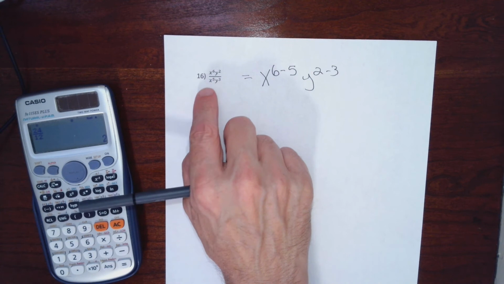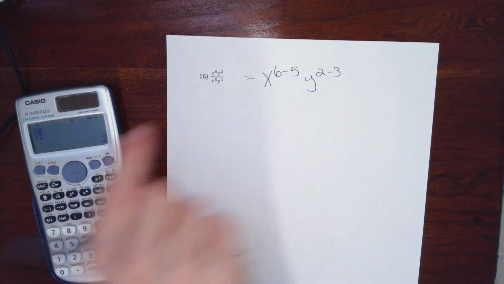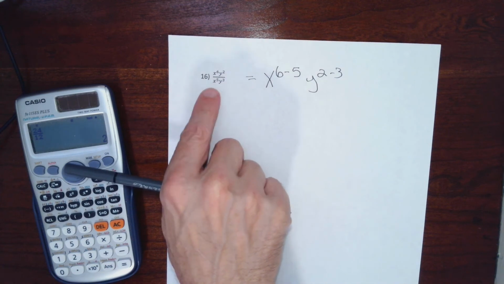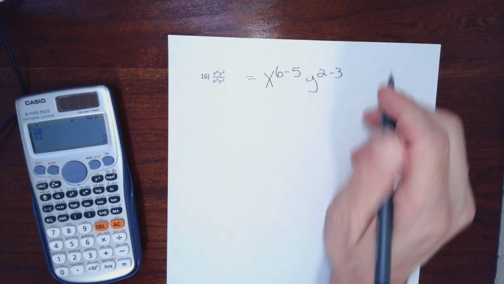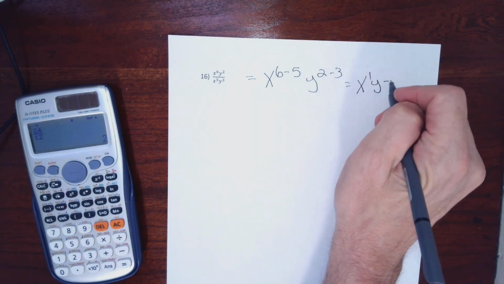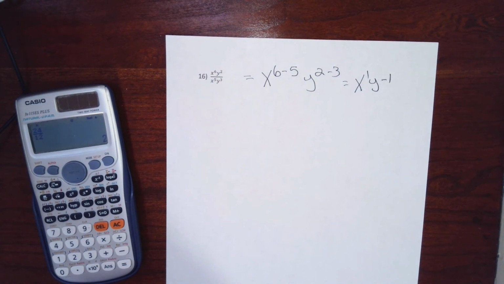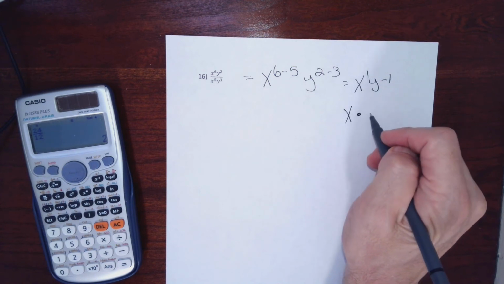And if there was an addition or subtraction between the x and the y, I couldn't do this. This is straight multiplication in the numerator, straight multiplication in the denominator. I'm permitted to subtract exponents for the variables. So I subtracted my exponents and I got x times y to the negative 1 power.